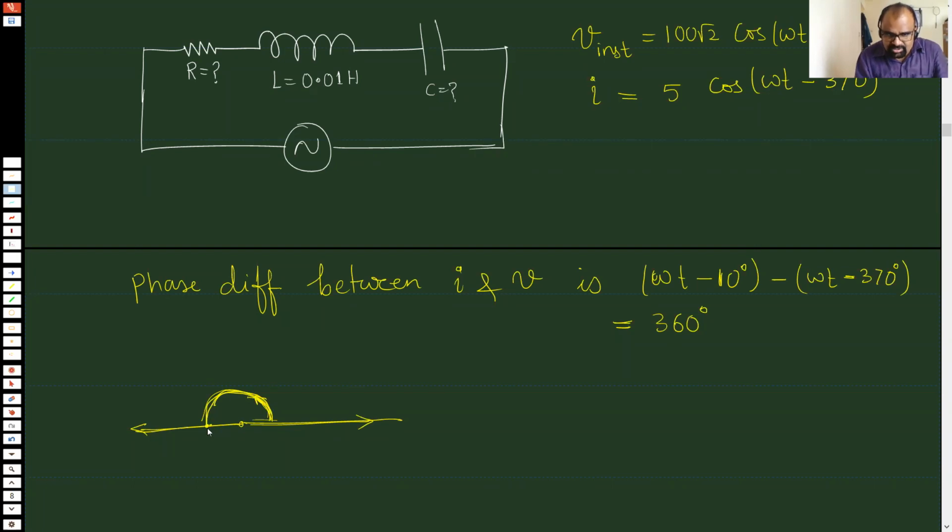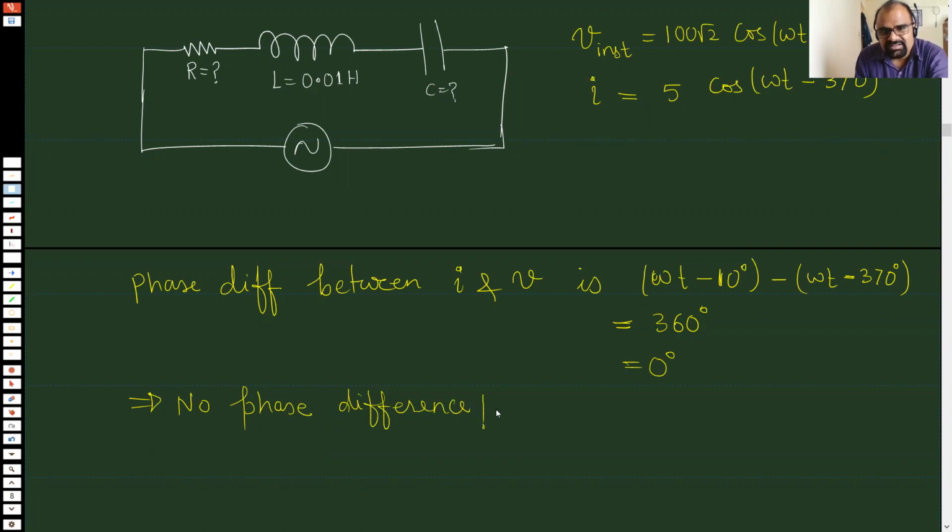But if you rotate by exactly 360 degree, you reach the same point. So 360 degree and 0 degree are literally the same thing. So now tell me, what is the phase difference? There is no phase difference. Was it such a difficult thing to understand?